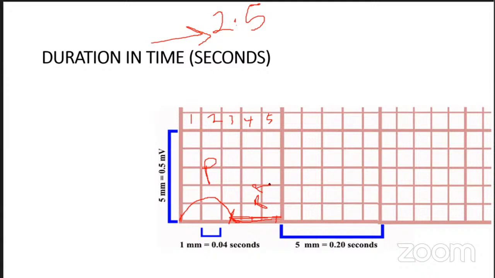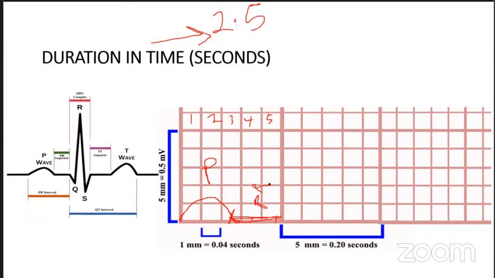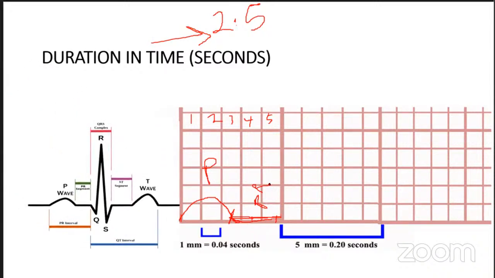Again, remember what we discussed earlier. We said our PR interval. So let me bring this up so that it's a bit clearer. Okay, so again, we've drawn our P wave and we've drawn our PR segment. And remember, we said from the beginning of the P wave to the beginning of the QRS complex is our PR interval. So it means that from here to here is our PR interval.